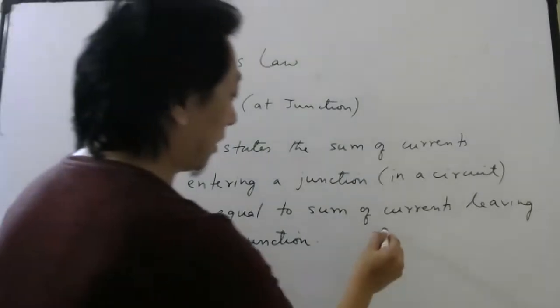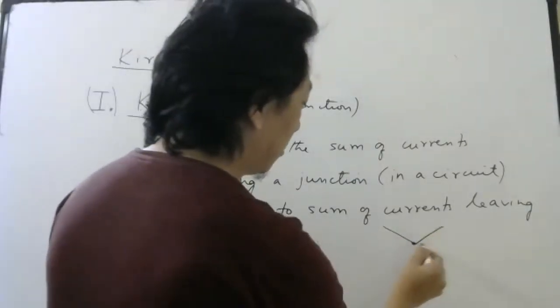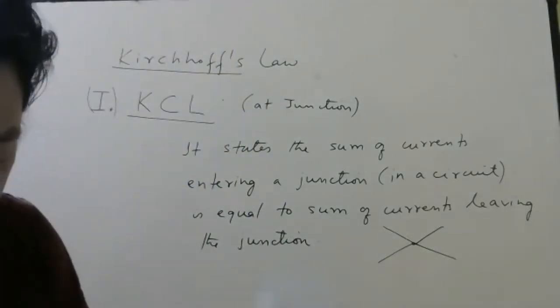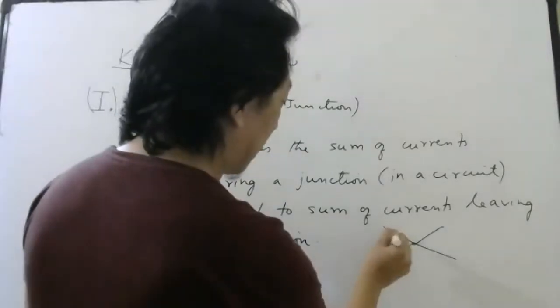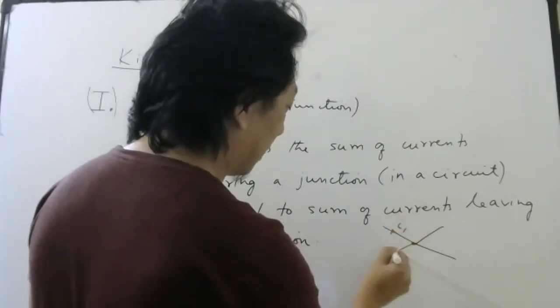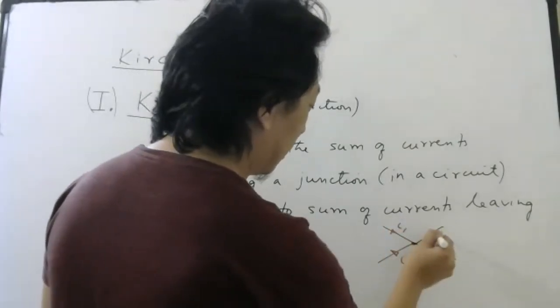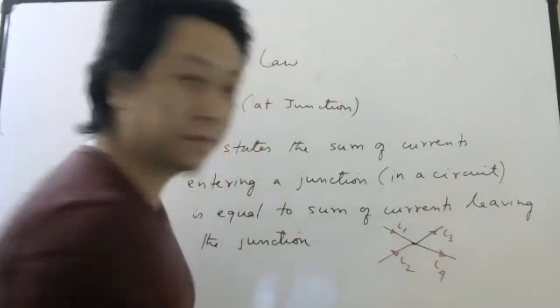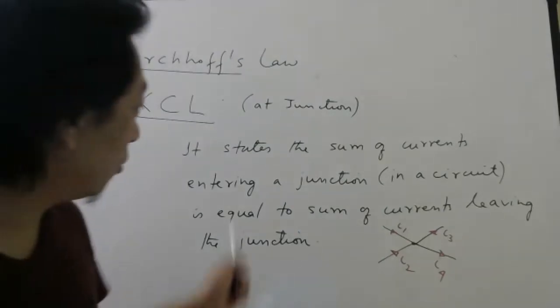So let me give you one example. Let us say you have 4 wires connected to this point. Current here is I1, current here is I2, current here is I3, current here is I4. Then how will you write Kirchhoff's current law here?